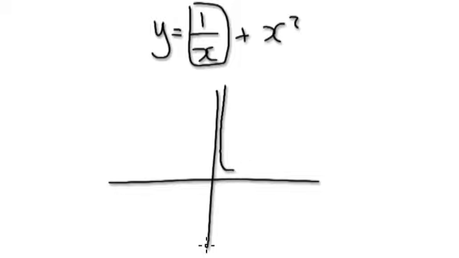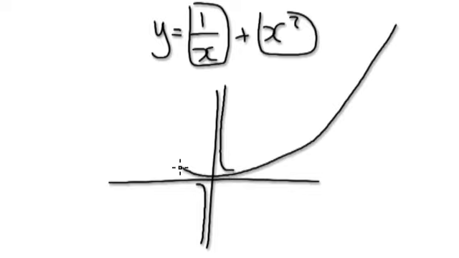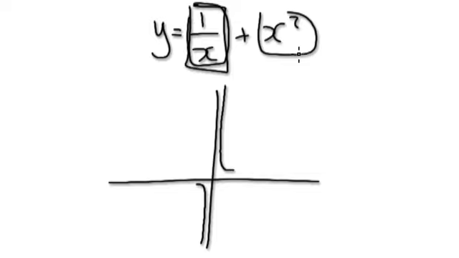When x is small, it wants to do that. Now, when x is big, it wants to follow this. But when x is small, around here, it gets overtaken by this term. So when x is big, it wants to do this, around here, and it wants to do that.